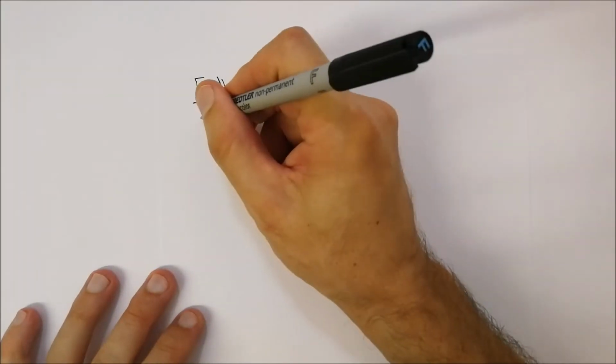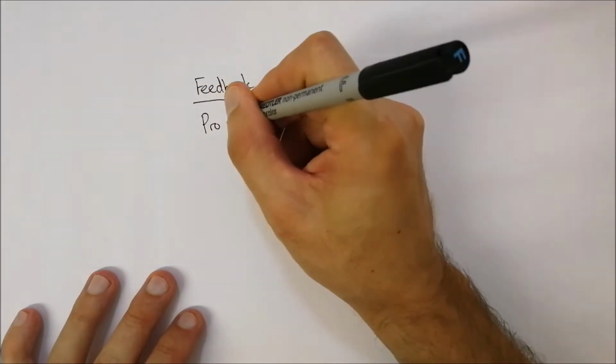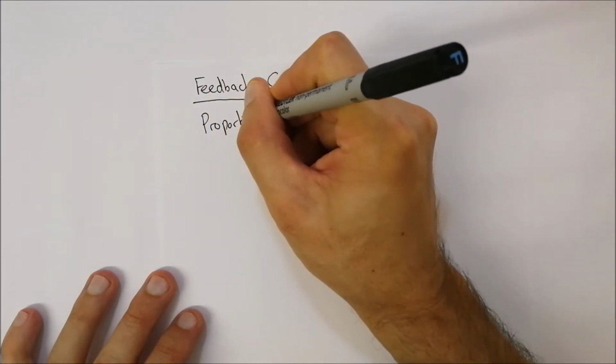And then once we've done that, when I start looking at the programming side of it and the coding of it, it will become a bit clearer as to why these specific pieces of code are being used in. Okay, so the first type of controller is a proportional controller.